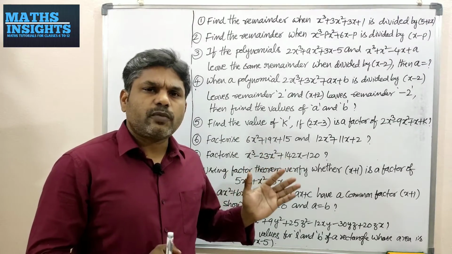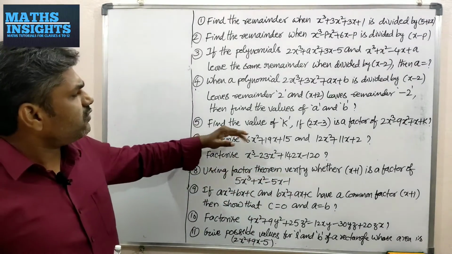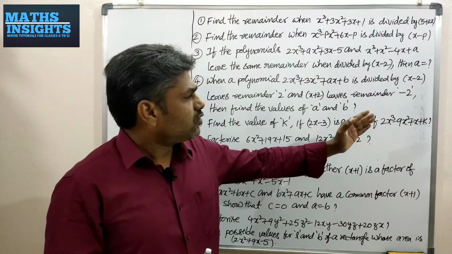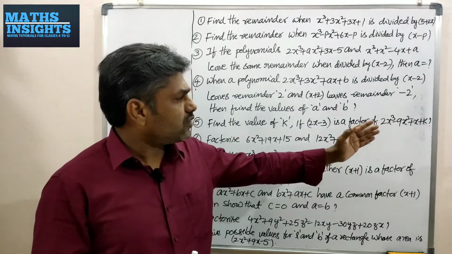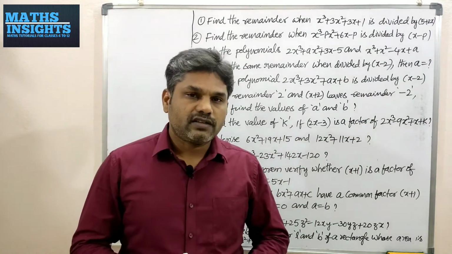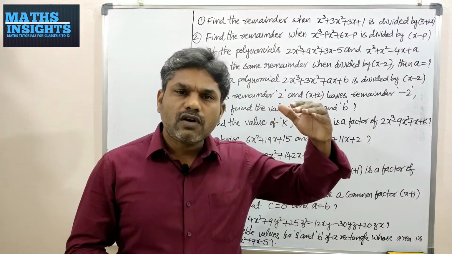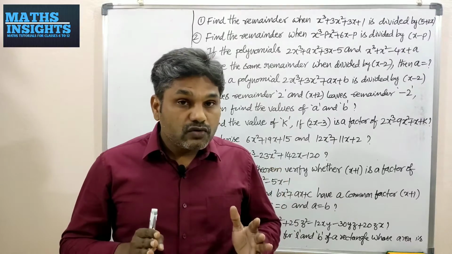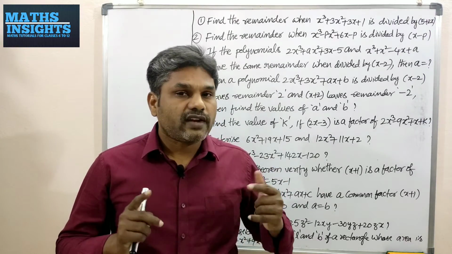If you see the fifth problem, find the value of k if 2x minus 3 is a factor of 2x cube minus 9x square plus x plus k. See, this problem is based on the factor theorem. So far we have solved the problems based on the remainder theorem. Now you are going to solve the problems based on the factor theorem.